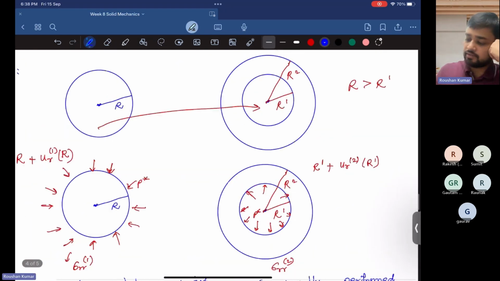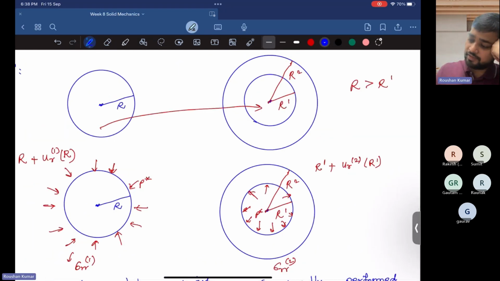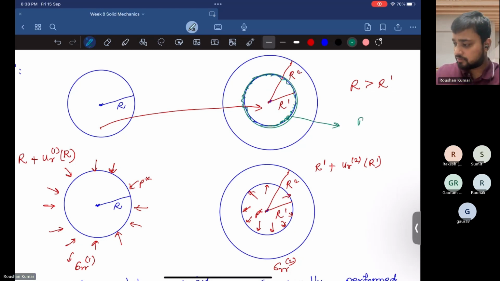We know that at the interface there is a continuity, stress continuity, radial stress continuity.